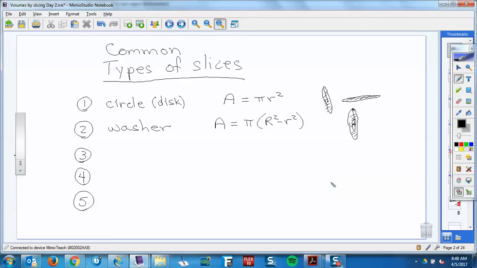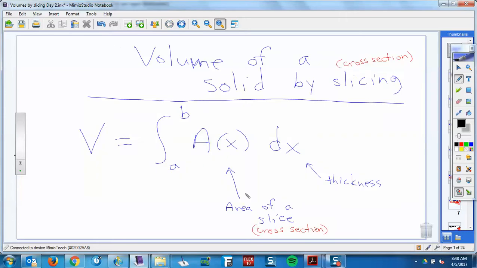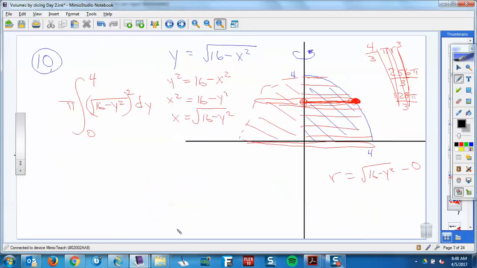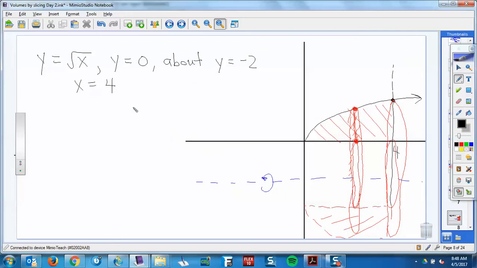So if you have washer slices, according to the formula, we need to write in our integral the area of a washer. So that is this formula right here. So when we set up our integral, we have to identify big R and little r. Now, radius, here's the key. Radius always comes from where? Radii are always measured from the center. Where's the center in this problem?